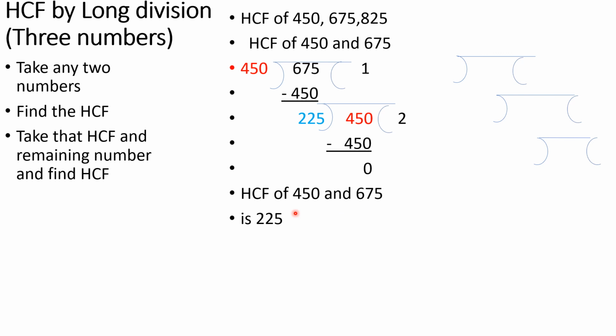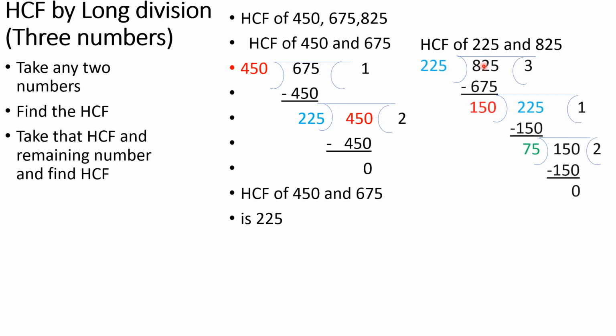Now we will take this HCF and the third remaining number, which is 825, and we will find the HCF of 225 and 825. Because 225 is smaller, we will write it as divisor and 825 as dividend. Now how many times? Yes, 3 times. It is 675, and the remainder is 150, and here it will become dividend.